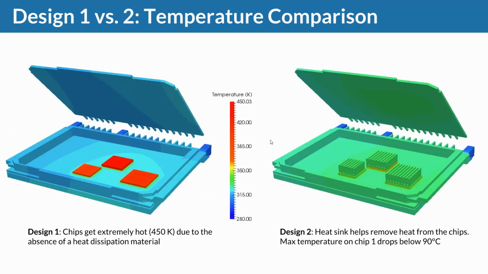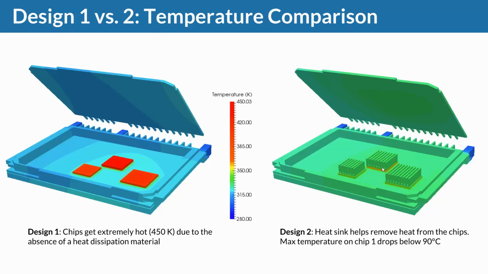And so to quickly compare these, given we're running out of time, we can now do the exact same thing in a web browser and compare these design versions very quickly. So on the left, we can see our baseline design, right, with the chips that got too hot.